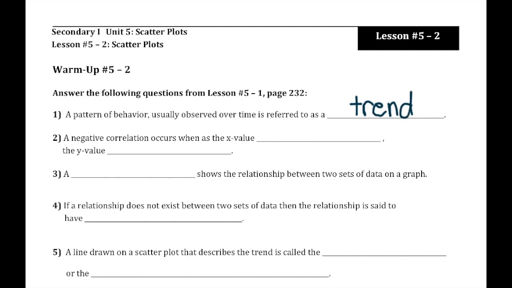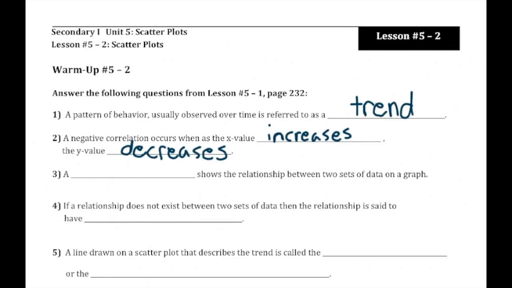Number 2. A negative correlation occurs when the x value increases and the y value decreases. Number 3. A scatter plot shows the relationship between two sets of data on a graph. Number 4.